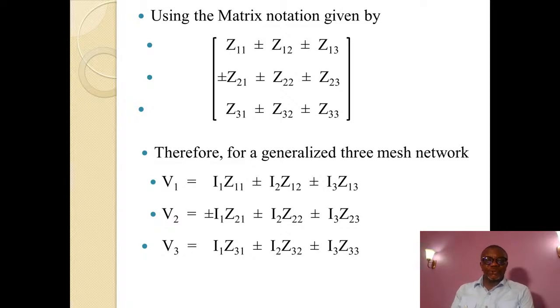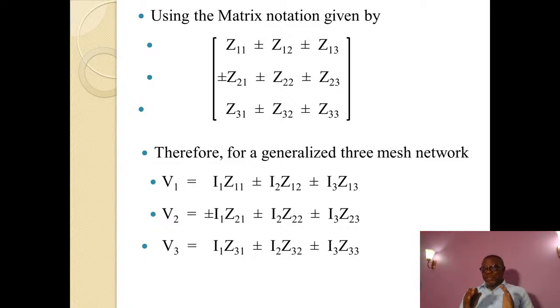V2 is equal to plus or minus I1 Z21 plus or minus I2 Z22 plus or minus I3 Z23. And V3 is equal to I1 Z31 plus or minus I2 Z32 plus or minus I3 Z33.